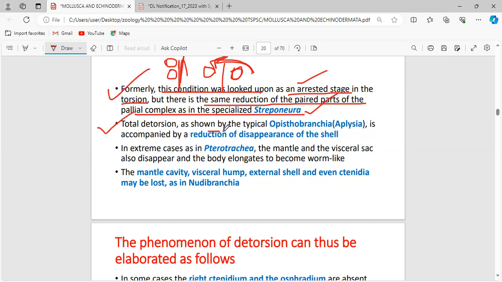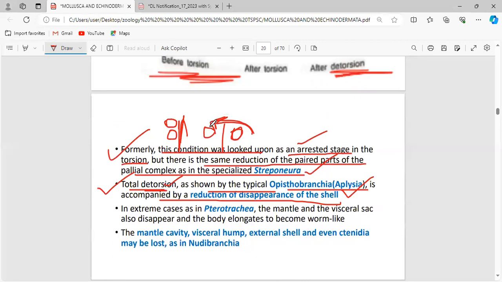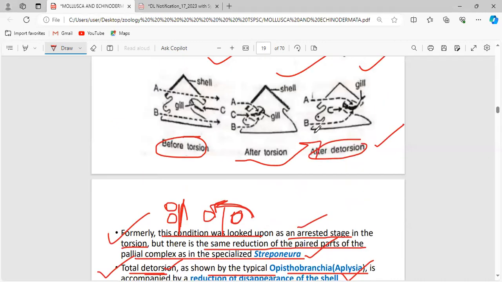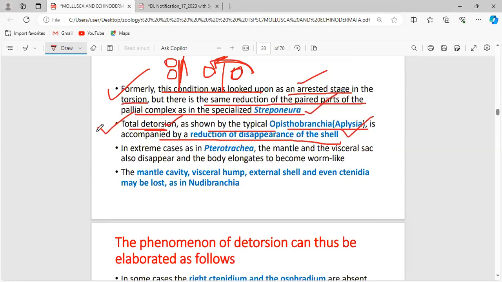Total detorsion shown by the typical opistobranchia is accompanied by the reduction or disappearance of the shell. See, total detorsion, which is happening after the torsion, will not regain the complete structure as it was before torsion. That is what they are explaining here.